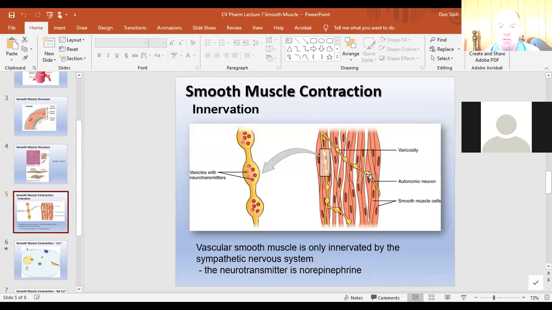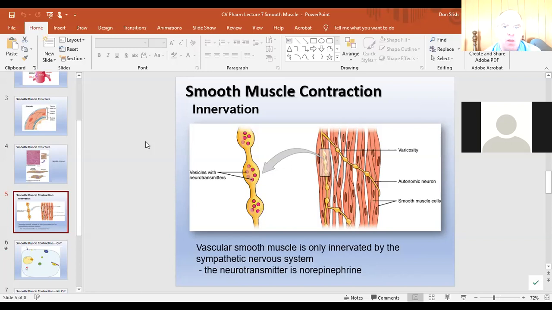We always think of axon bulbs as being at the end of an axon, but here you can see all along this axon, there are varicosities. Each varicosity is like an axon bulb, with vesicles full of norepinephrine. So when an action potential comes down here, you get norepinephrine released all over that smooth muscle for contraction.